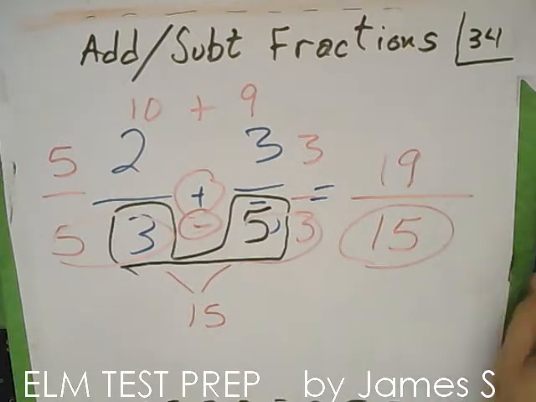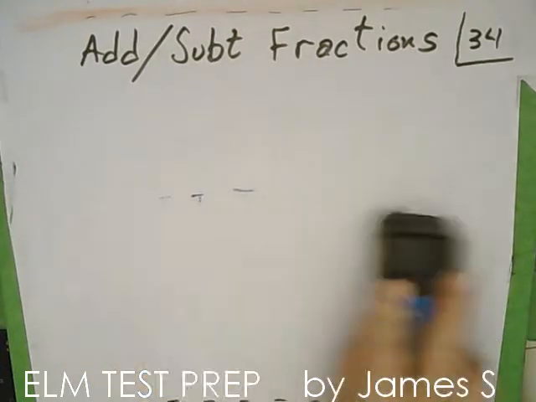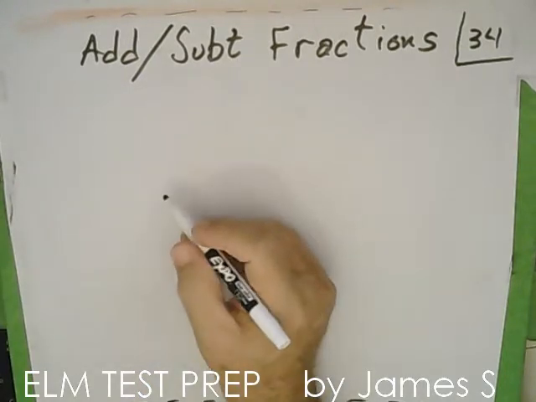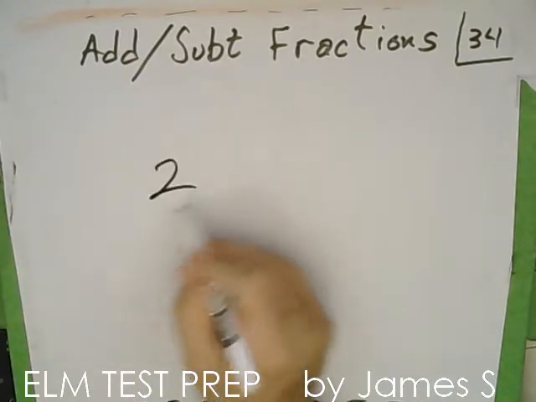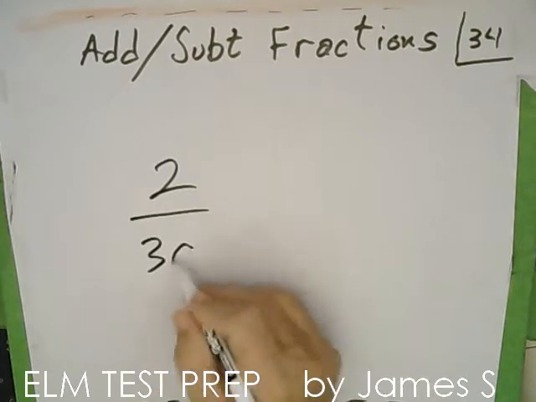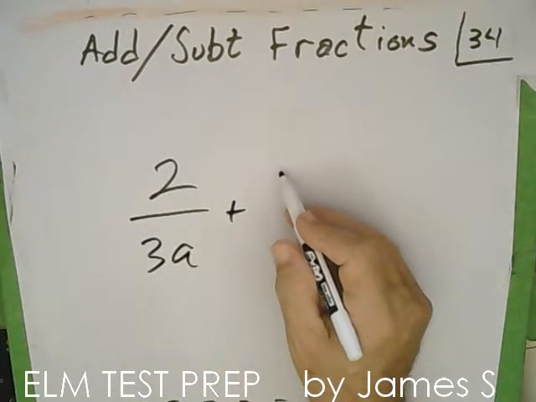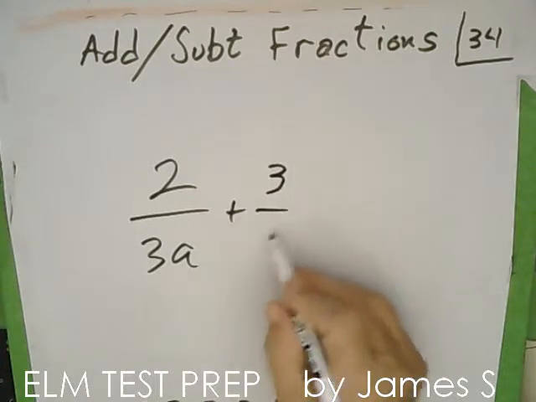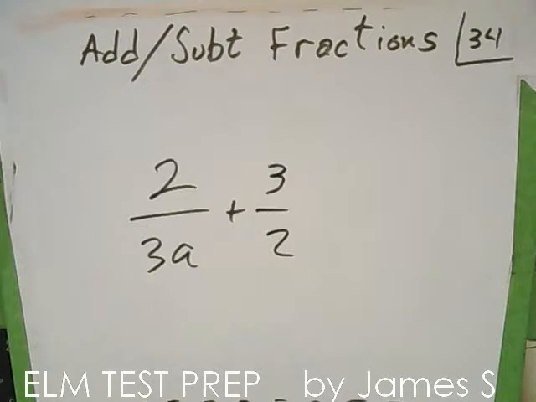So the question then becomes, how complicated can this get? Well, it might be as simple as 2 over 3a plus 3 over 2.